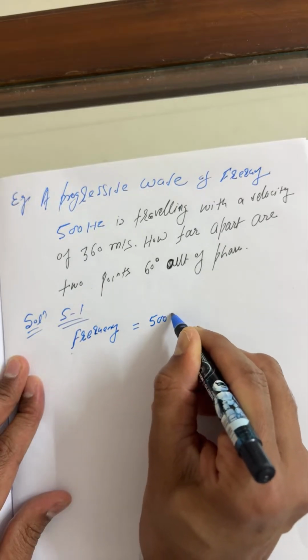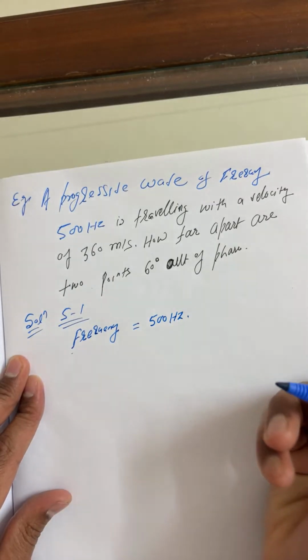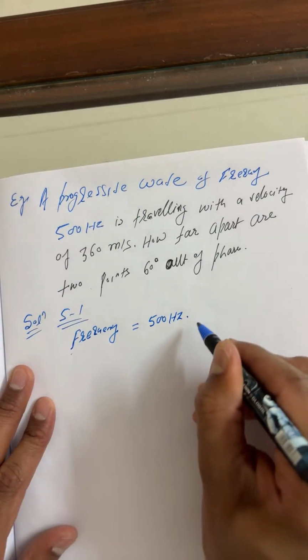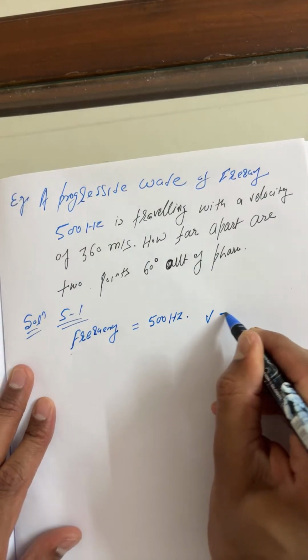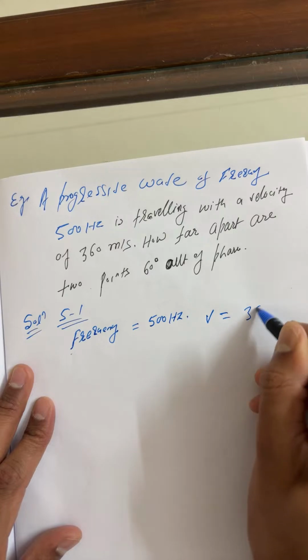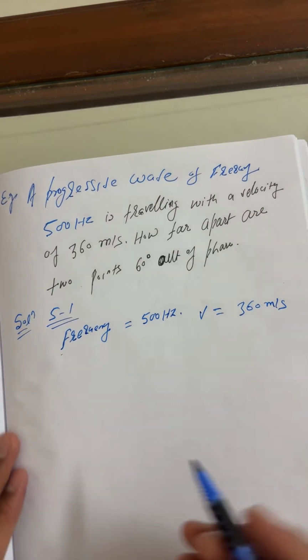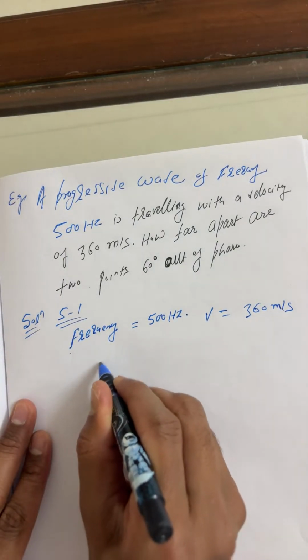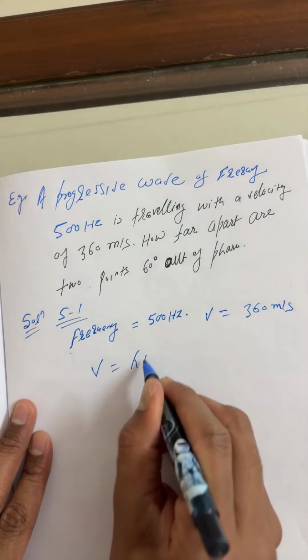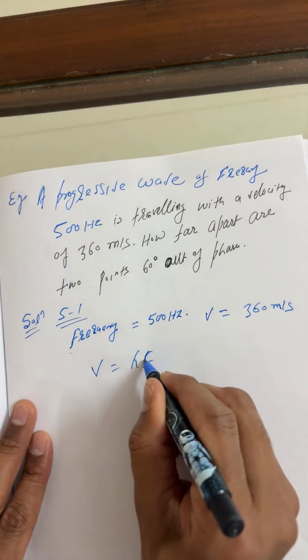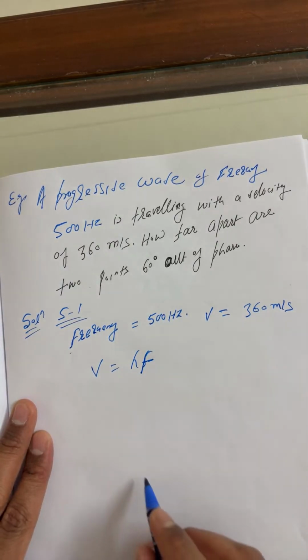This is 500 hertz. Velocity is mentioned, students, this is 360 meter per second. So we can use the basic formula here. I hope all of you remember: v equals lambda f.